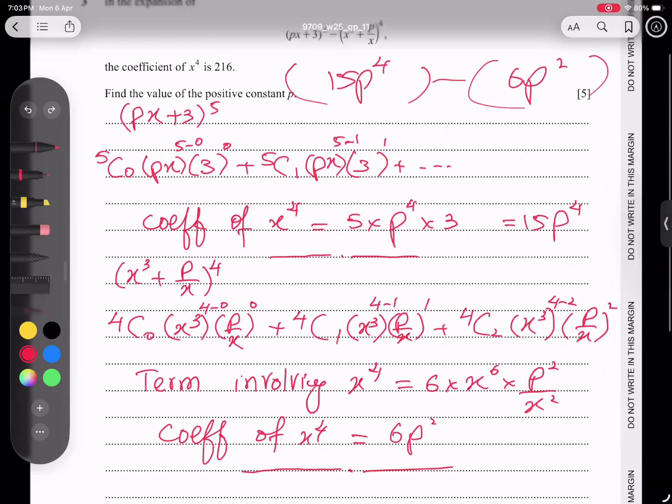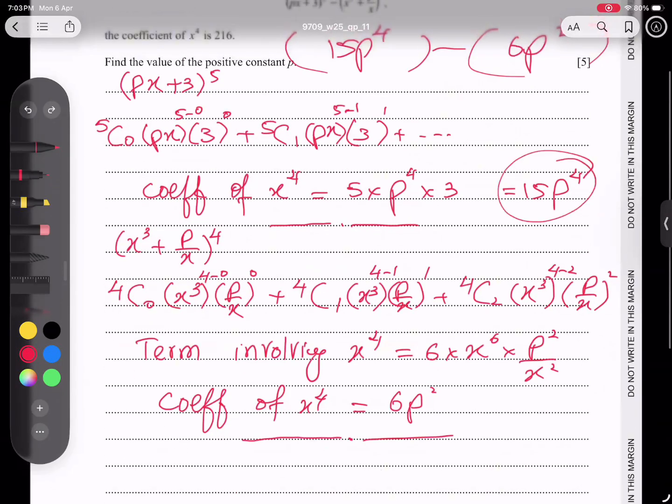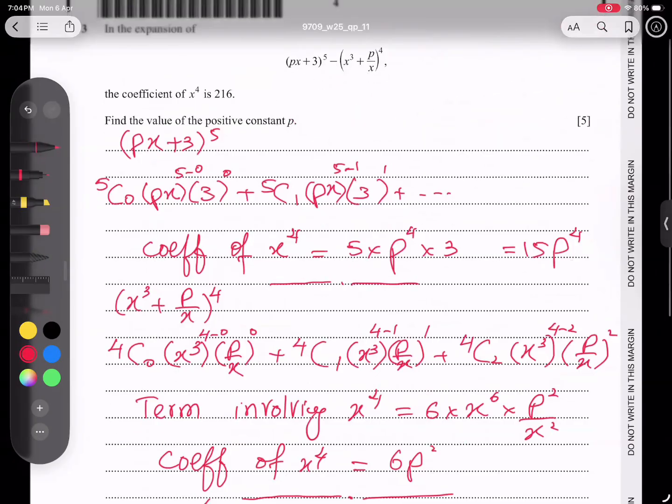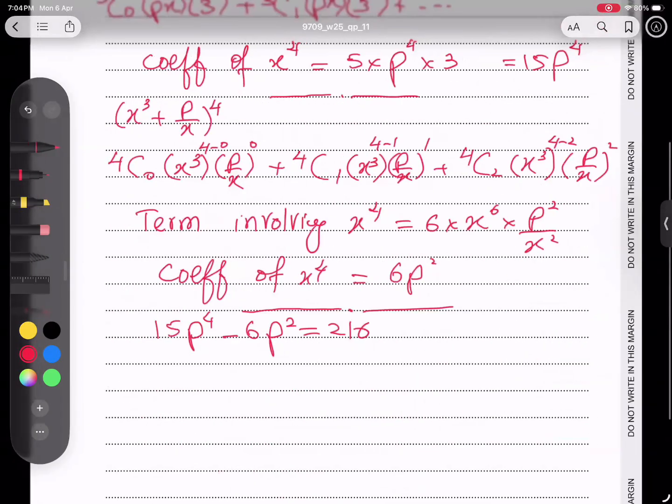So I can say this minus this equals 216. So 15p to power 4 minus 6p square equals 216. I believe this point is very, very clear. Some students miss this negative sign. So first of all, 15p to power 4 minus 6p square minus 216 is equal to 0.